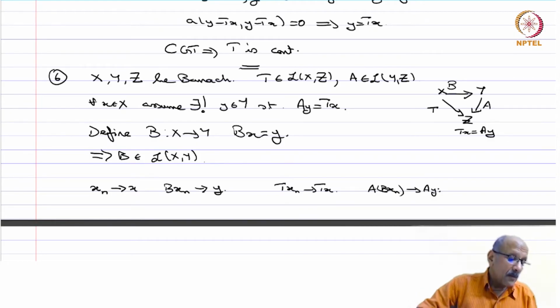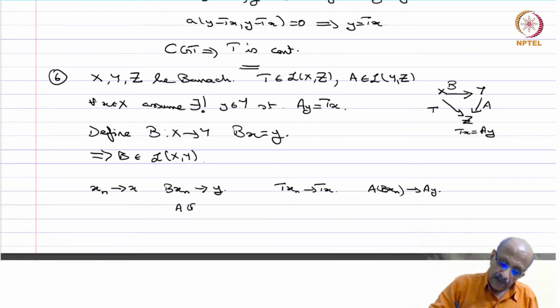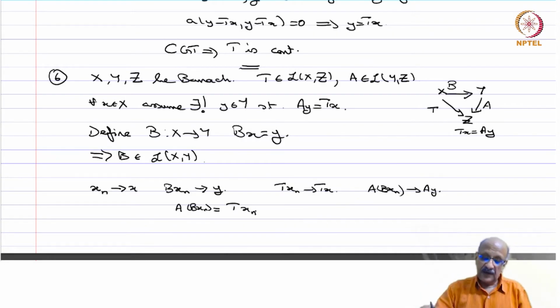Okay, but what do you know? A of Bxn by definition is equal to Txn. That is how B was defined. So Bxn goes to Ay.